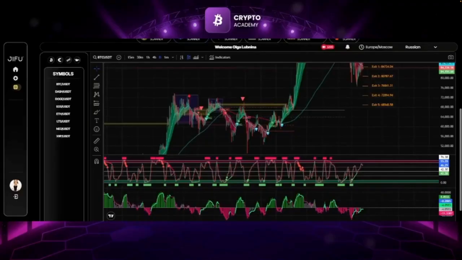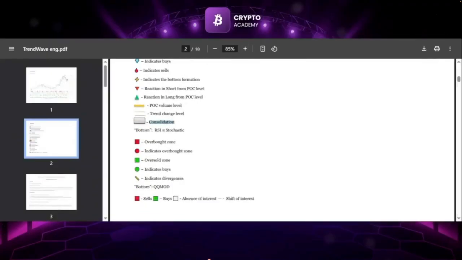Consolidation, range, or sideways movement. The state has different terminologies.